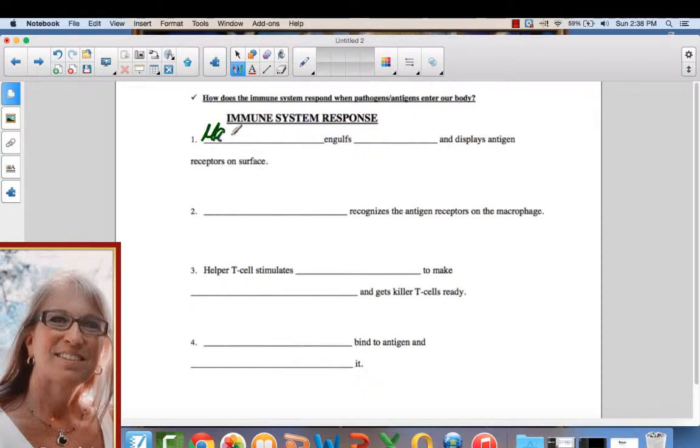What happens is macrophages, which are actually white blood cells, engulf pathogens and display antigen receptors on the surface.